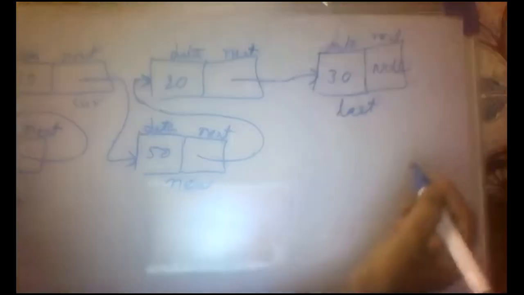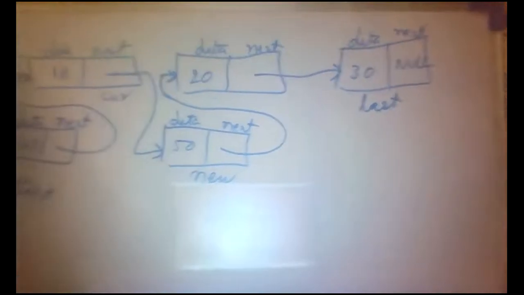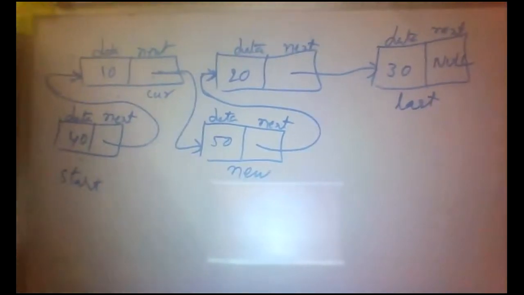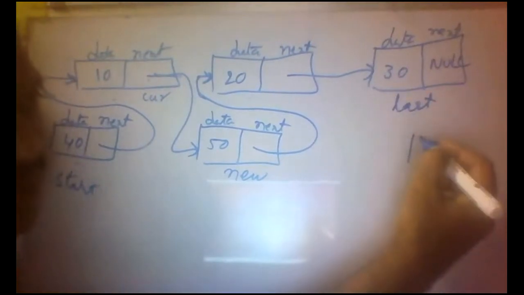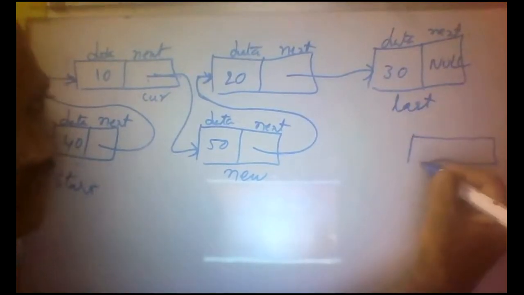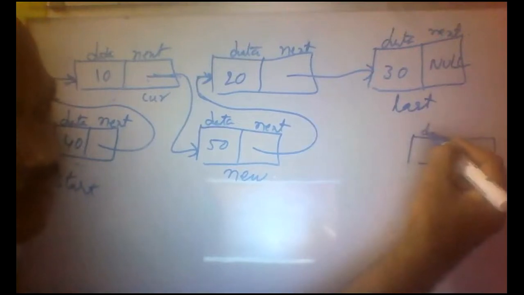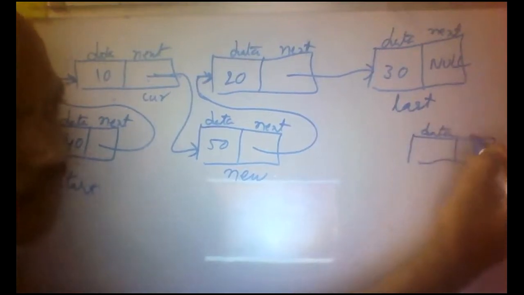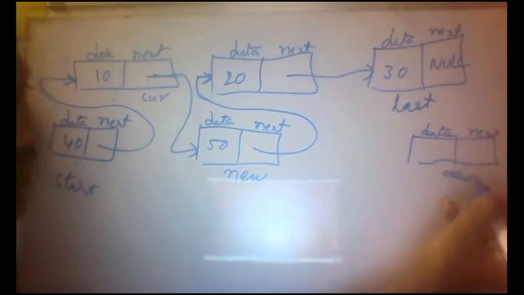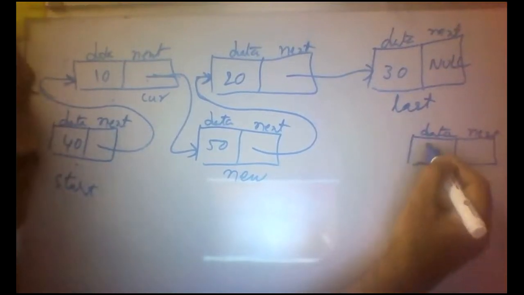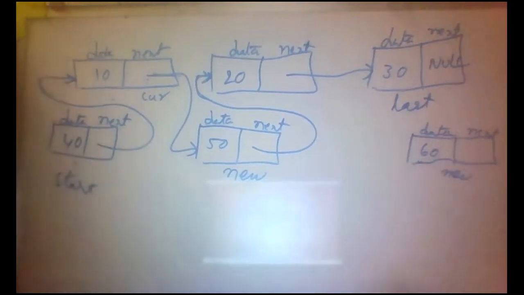Then creating a new node. This is the new node. This is the data part, and this is the next part. New node to data equal to, for example, 60.